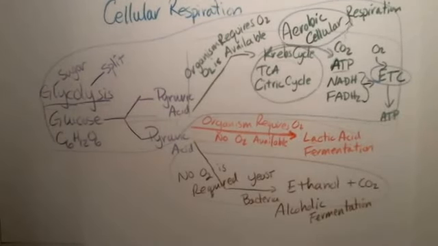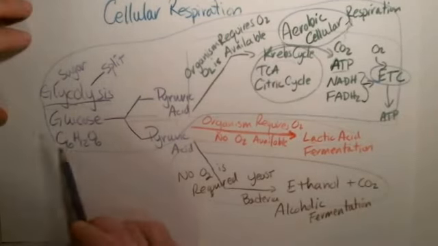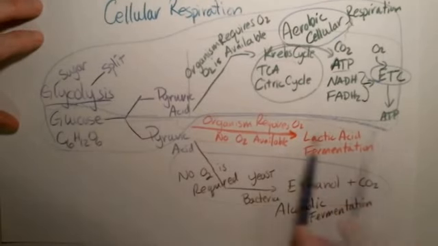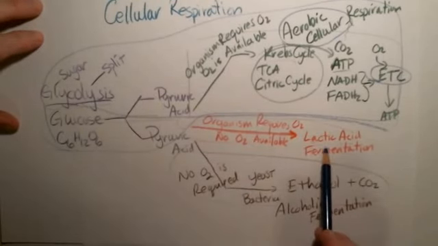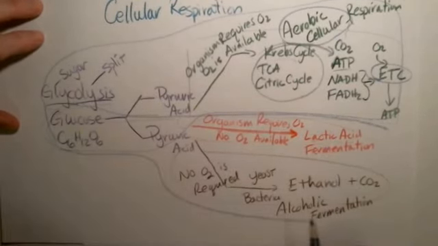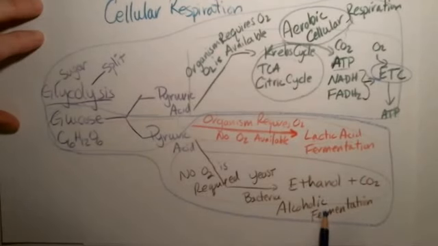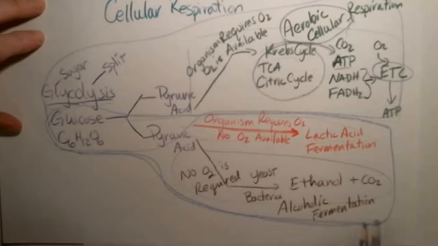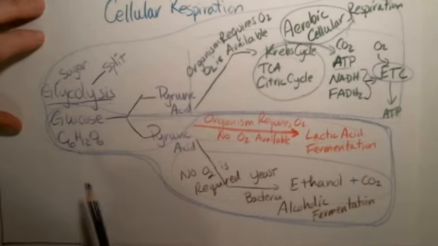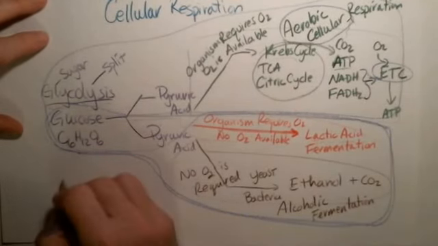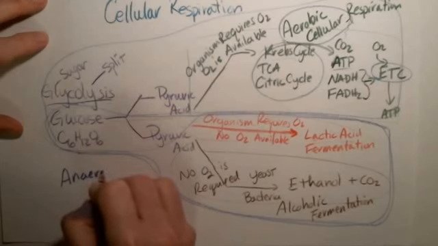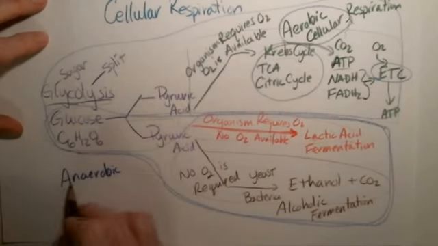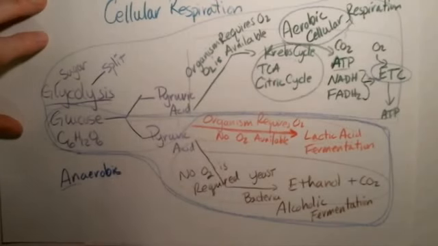The process that includes glycolysis and lactic acid fermentation or alcoholic fermentation, so we have our glycolysis, but we have these other two possibilities. This is called anaerobic. And if you remember, an in front of a word means not. So this is not air, so we're not using air.